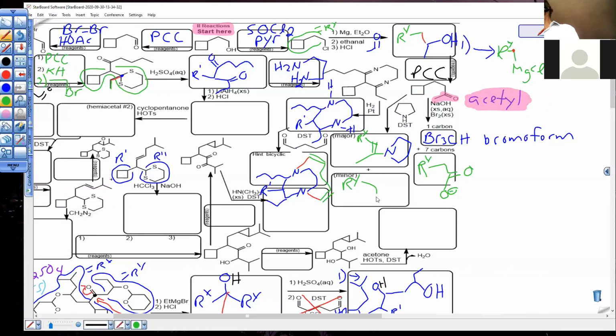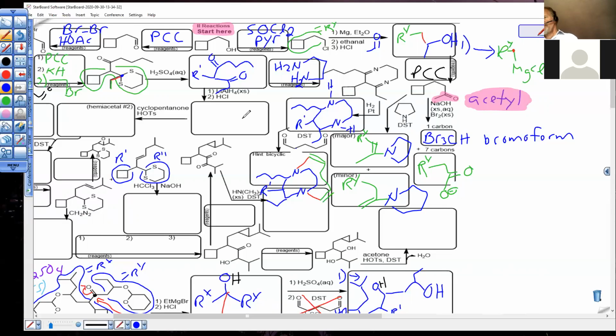Goes to the carbon, double bond on the less substituted carbon. And that was an enamine forming reaction. Major is more substituted, minor is less. And there's a dead end there.